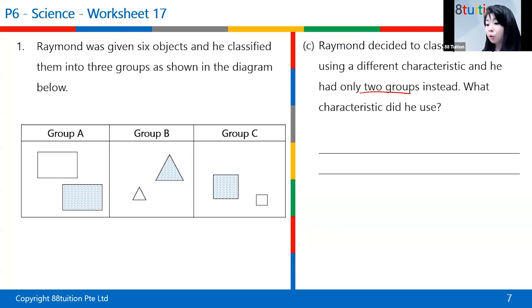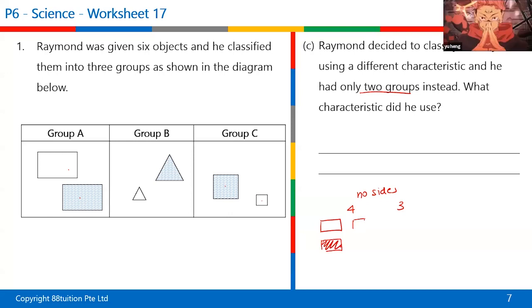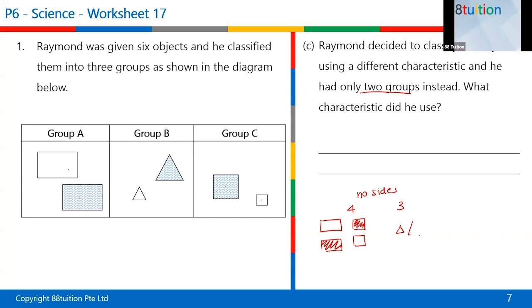Okay, so Javen, if you look, I will be able to classify group A with these 4 objects, and group B with these 2 objects. Okay, so answer is number of sides.